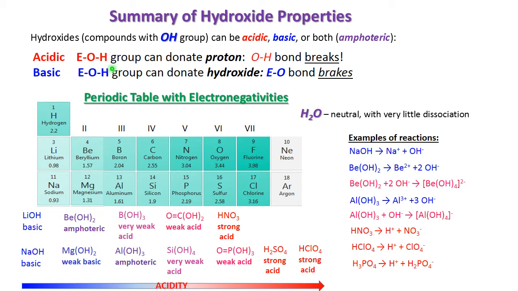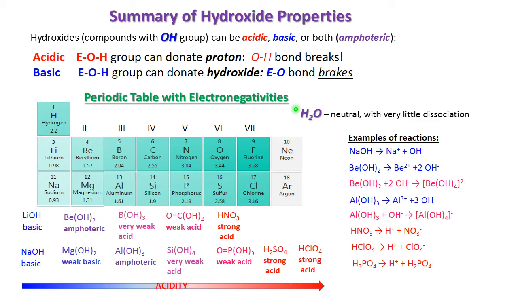Acid donates proton. If the hydroxide is basic, the E-OH group breaks the E-O bond right here, and so these species can donate hydroxide ion. Now, amphoteric can do both. They can do basic breaking or they can do acidic breaking.